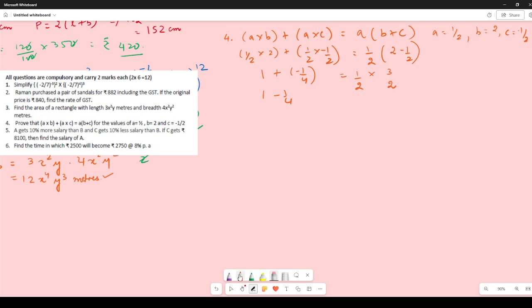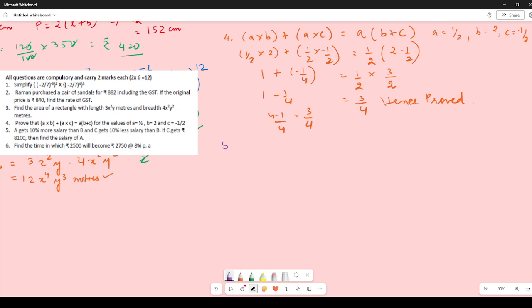So 1 minus 1 by 4 is also equal to 4 minus 1 by 4, that is equal to 3 by 4. Hence proved. Right? Now let us take up question number 5.